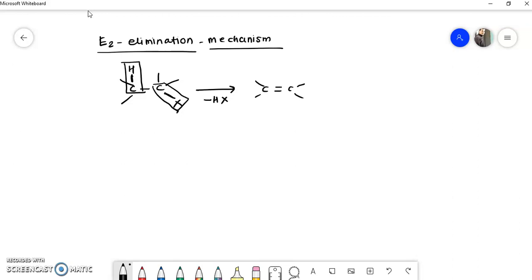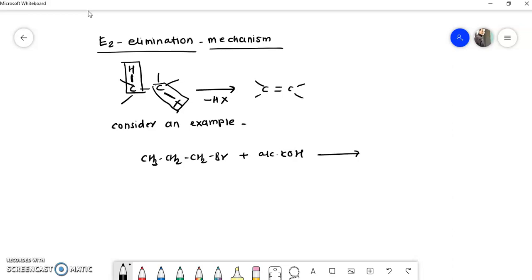Okay, so I will take one example first. Consider an example of E2 elimination so that you will understand. Suppose we have 1-bromopropane, CH3 CH2 CH2 Br, and this 1-bromopropane is treated with KOH base.